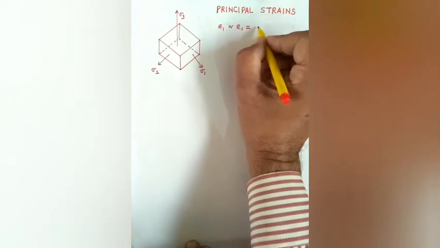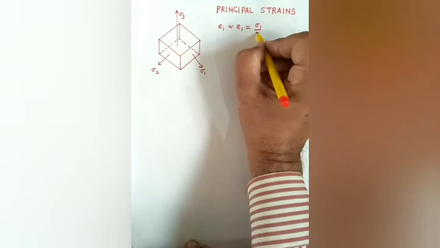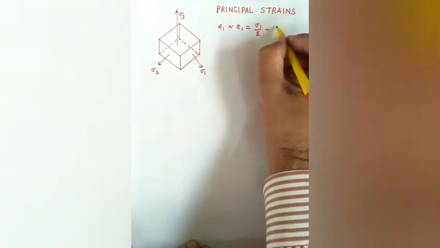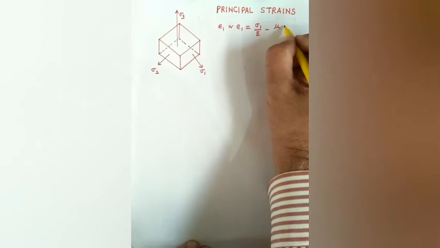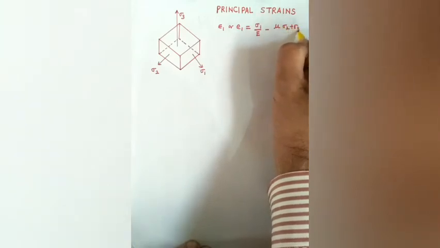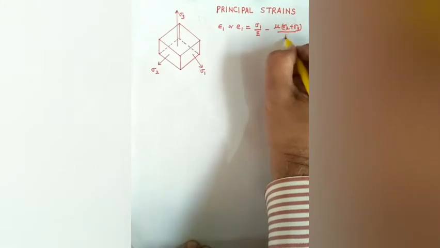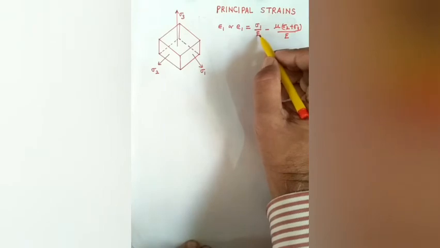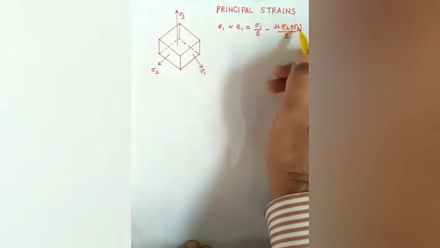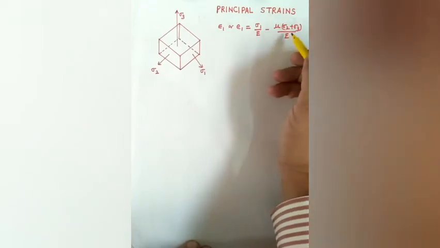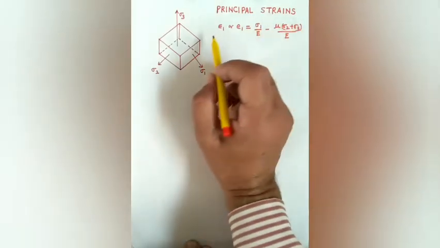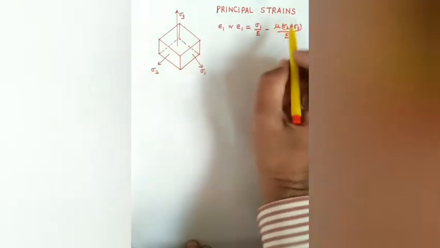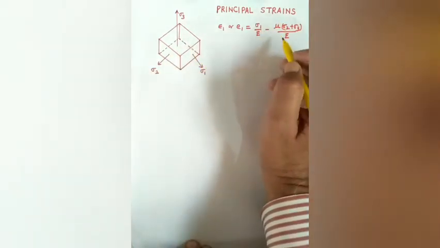lateral strains into consideration, can be written as E1 is equal to sigma 1 by E minus mu (sigma 2 plus sigma 3) by E. Sigma 1 by E is the longitudinal strain, whereas mu (sigma 2 plus sigma 3) by E is the lateral strain corresponding to stresses sigma 2 and sigma 3, which are in a perpendicular direction to sigma 1.